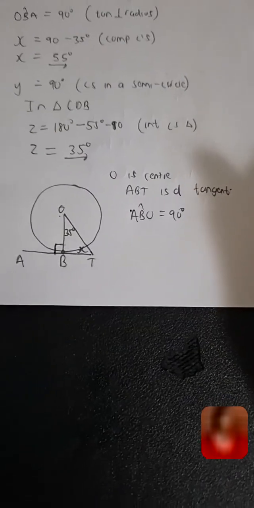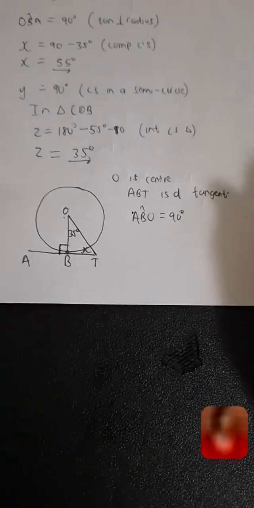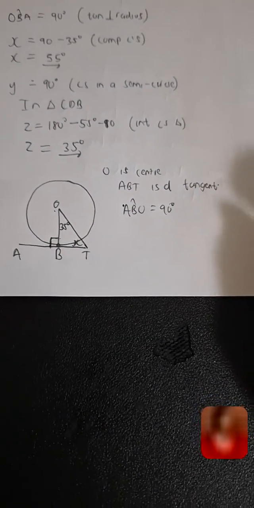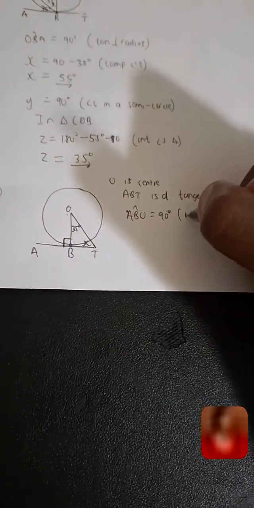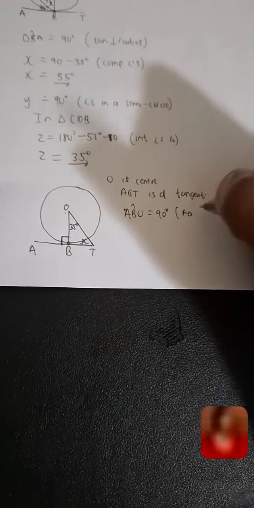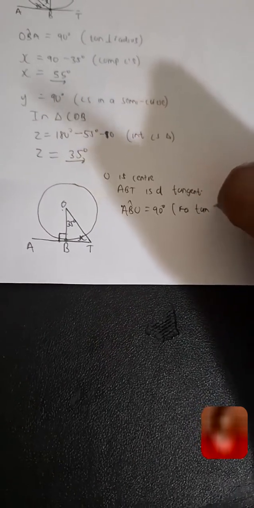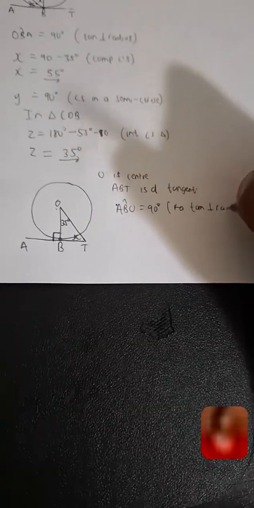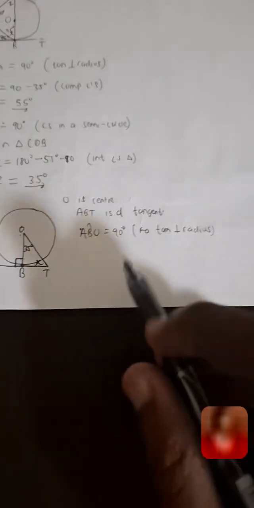What's my reason? Radius perpendicular to a tangent. So tangent perpendicular to radius. Yeah, very important, that is it.